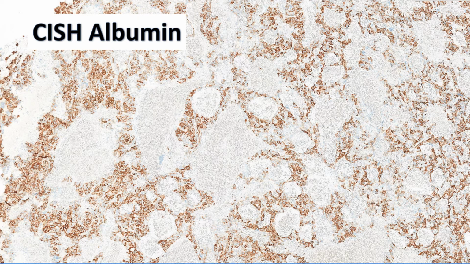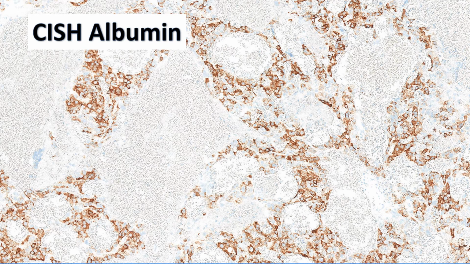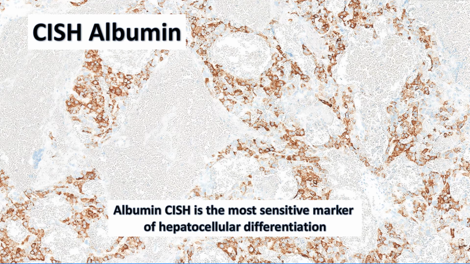And the more I often do is a chromogenic in situ hybridization stain for albumin. You can see strong reactivity across virtually every cell here. Here's a slightly higher power, and again, virtually every cell here stains strongly and diffusely positive for albumin. In our hands, albumin turns out to be the most sensitive marker of hepatocellular differentiation.